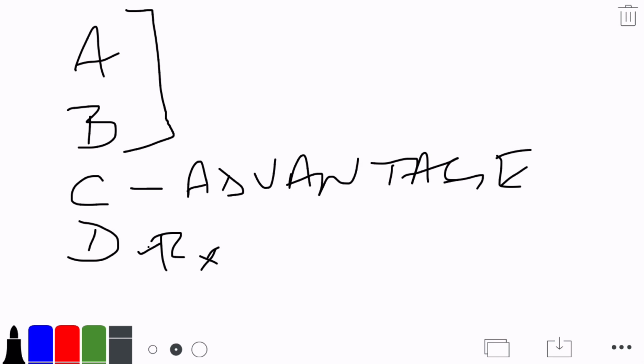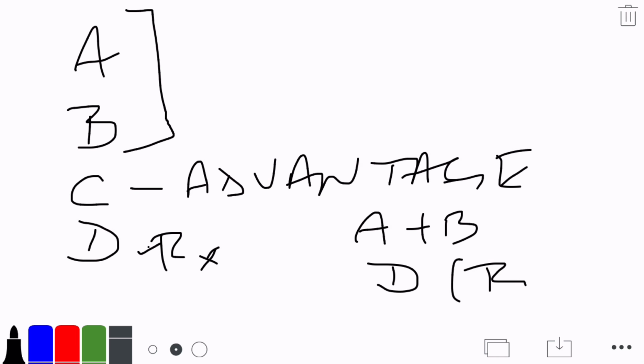They will combine your A and B, so you get A plus B in there, and they'll also add your D plan, which is your prescription, all bundled up into an Advantage plan.